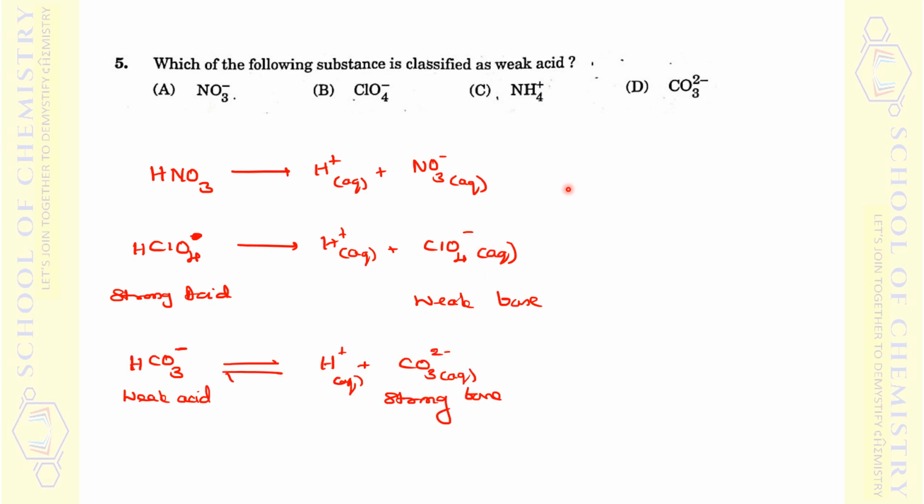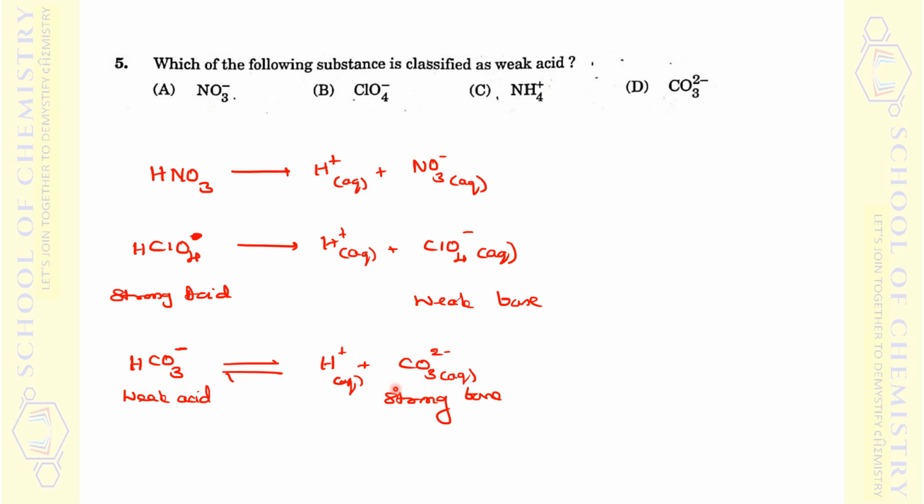Similarly, if you look at the other species, CO3 2-, it can be produced from bicarbonate ion, HCO3-. When it dissociates, it produces H+ and carbonate ion. Here also, you can consider this species to be an acid, because it has one proton which can be donated, and this is actually a weak acid.